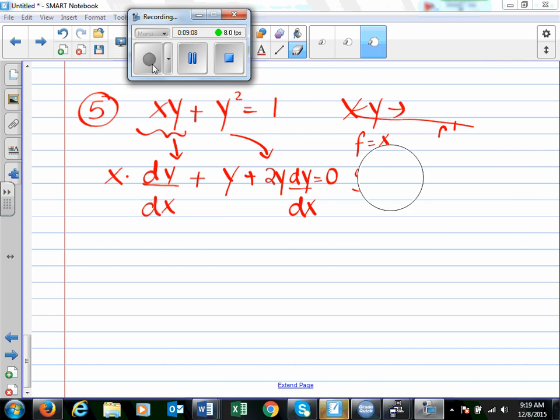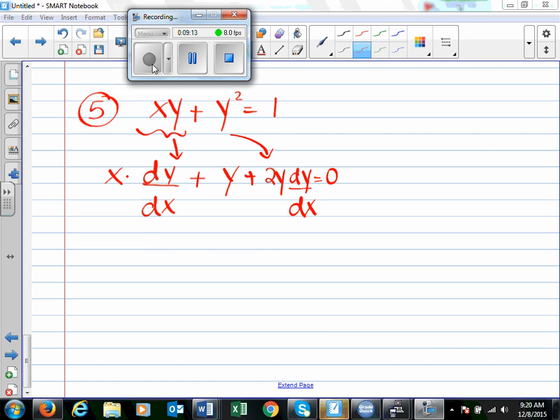Okay? So now from here, we group the dy over dx, and let's do it simultaneously. So dy over dx, this will be x from here, and then plus 2y from here. Plus y equals 0.